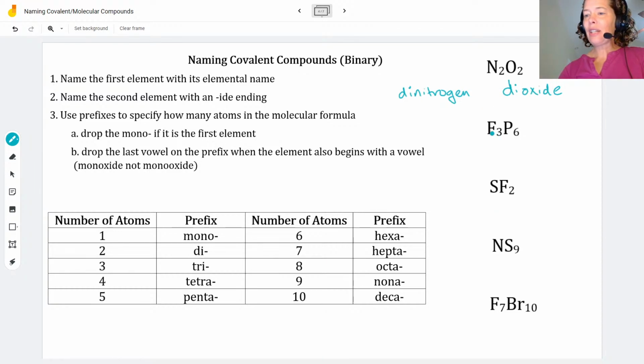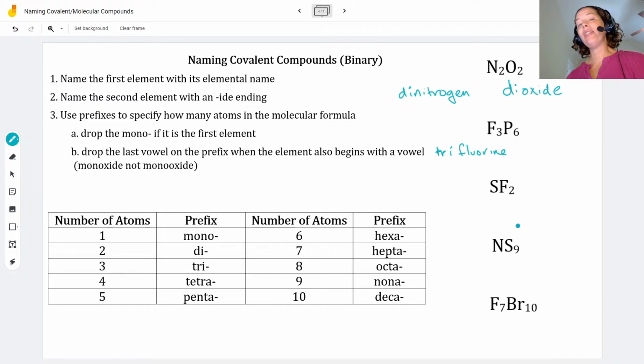Okay, so for my next one, I've got fluorine as my first element. So we'll go fluorine. How many do I have? I have 3. So again, if I go to my table, 3 atoms is a tri prefix. I'm going to have to kind of put that in like so. My second element is phosphorus.